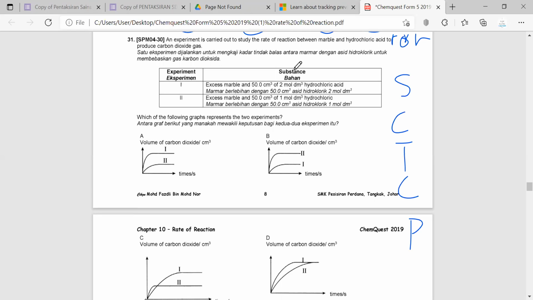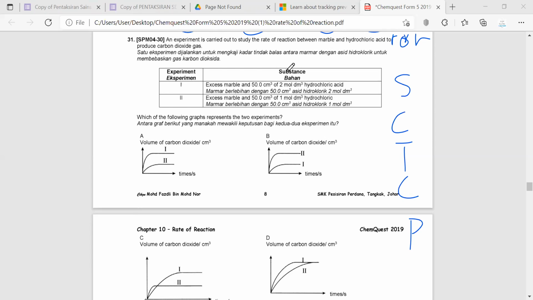Very good. What's the C? Concentration. What's my T? Temperature. What's my C? Catalyst. And the last one, we hardly use it, but it's Pressure. Correct.